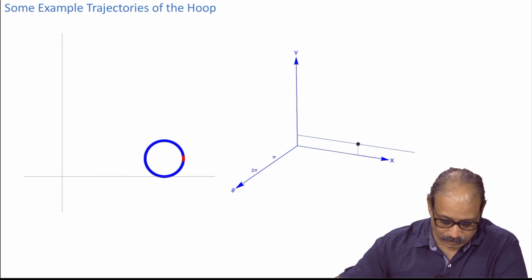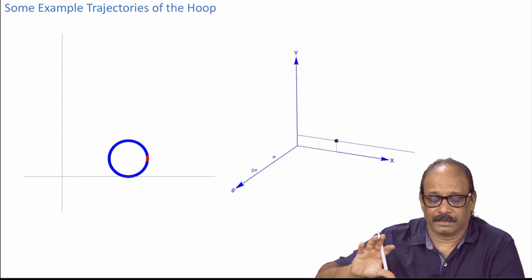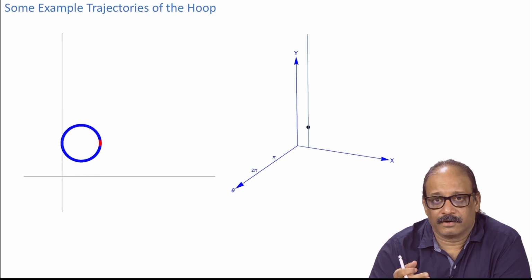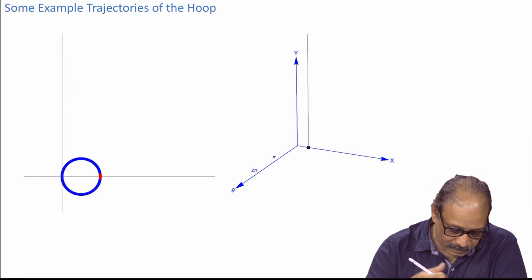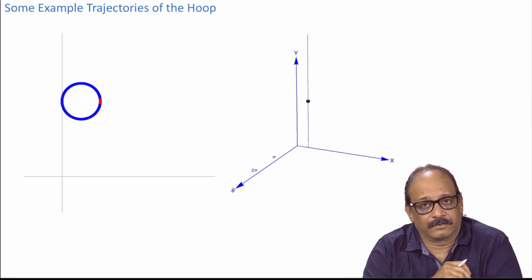So, it is not rotating. As you can see in the figure, the hoop is just simply translating along the x axis. The other possibility, of course, is when you keep x constant, theta constant, and vary y, and as you see in this animation, the hoop is simply traveling in the direction of y.